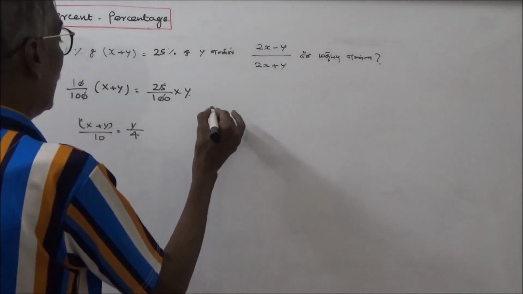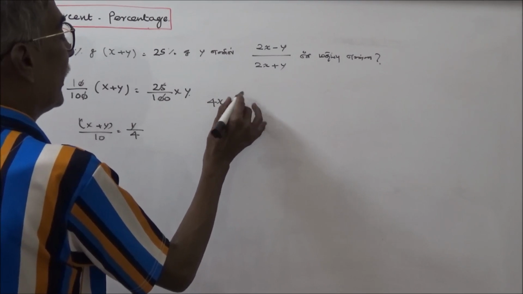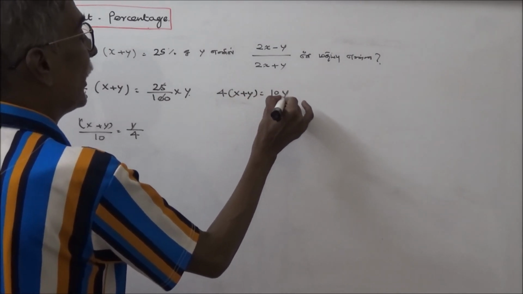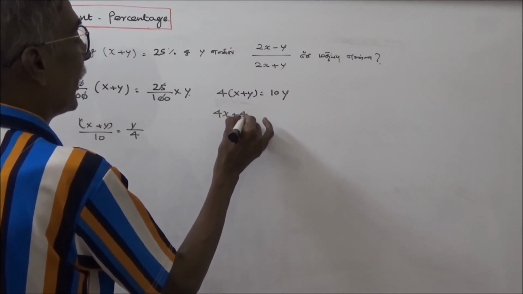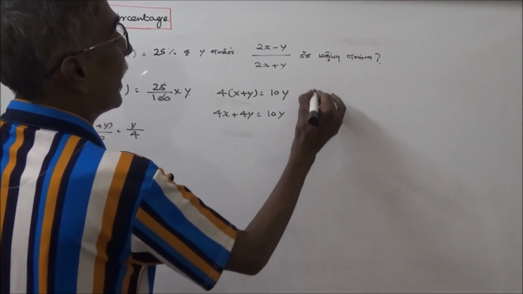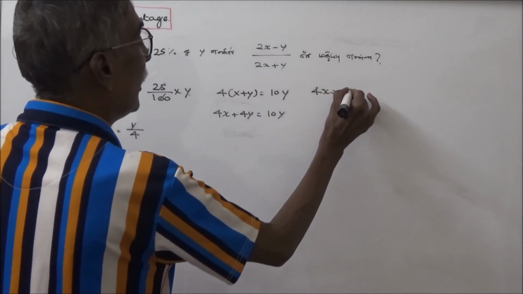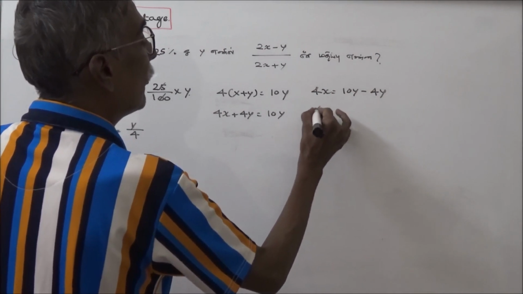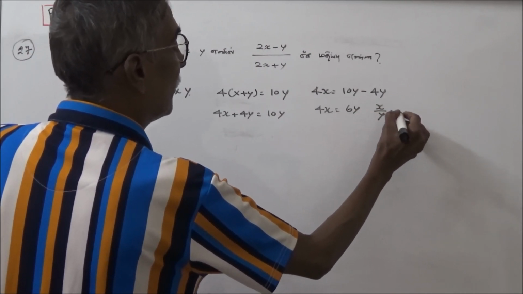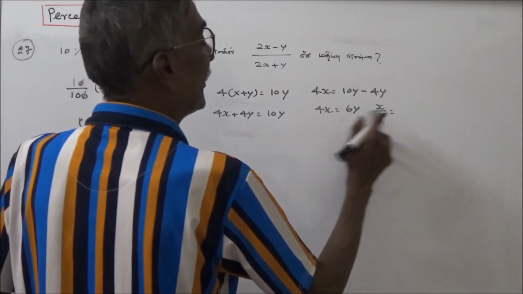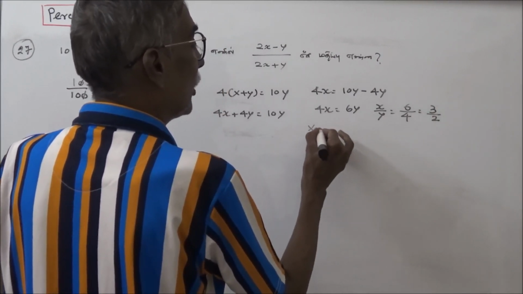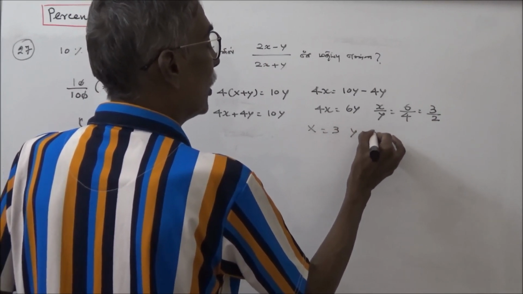Again you can simplify it: 4 into (x plus y) is equal to 10 into y. 4x plus 4y is equal to 10y. 4x is equal to 10y minus 4y. 4x is equal to 6y. x by y is equal to 6 by 4, that is equal to 3 by 2. x is equal to 3, y is equal to 2.